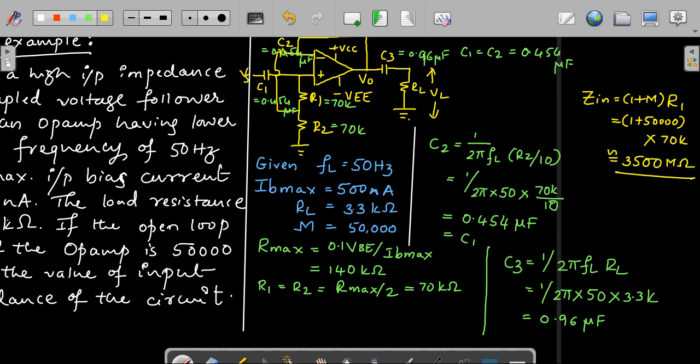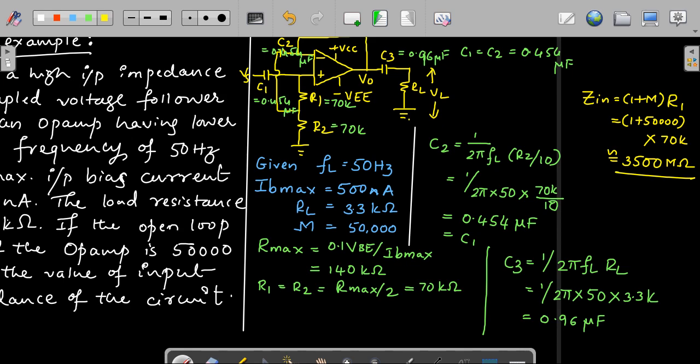So where is the value of R1, which is 70K? Had it been the first case, the value of input impedance would have been 70K. Now, because of this capacitor coupling, we are going to get the value of input impedance as somewhere around 3500 mega ohm, which is much larger than what you would have got for a conventional capacitor coupled voltage follower circuit.